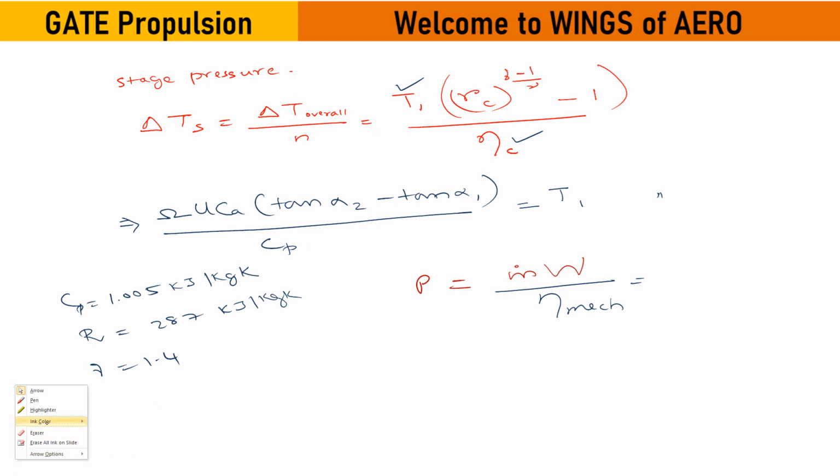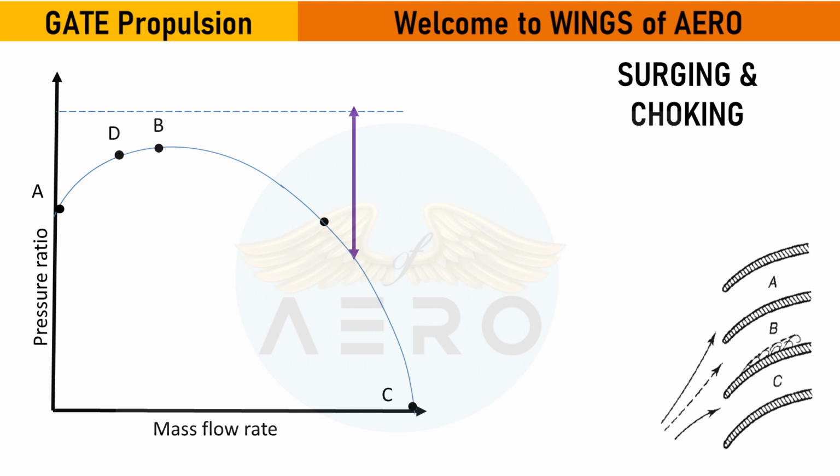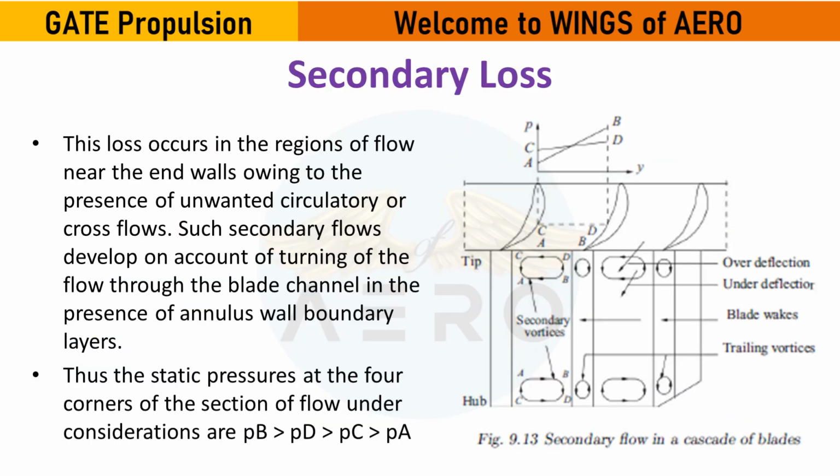Find out the total and tell me the value of R. You can tell me the value of RC. Ma'am, I'll calculate from this formula, omega U CA (tan alpha 2 minus tan alpha 1) by Cp. We have just discussed that, right?